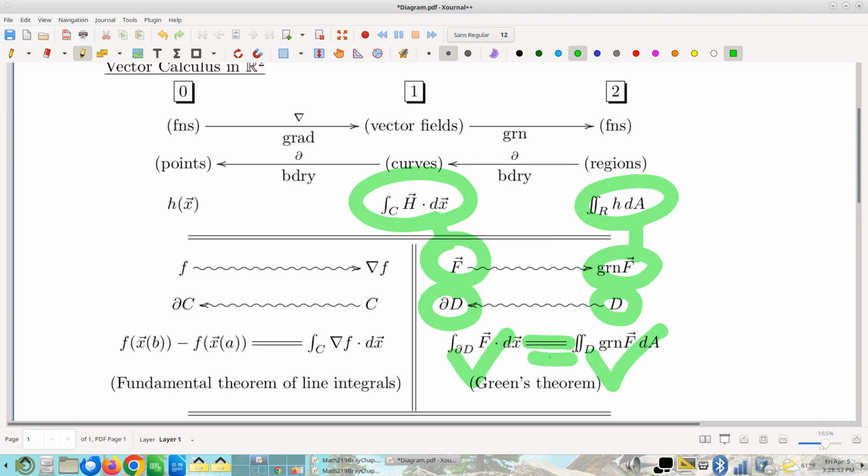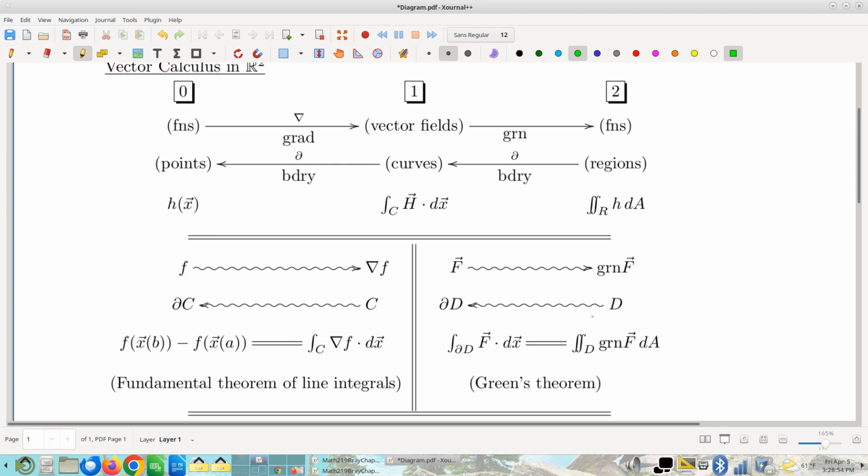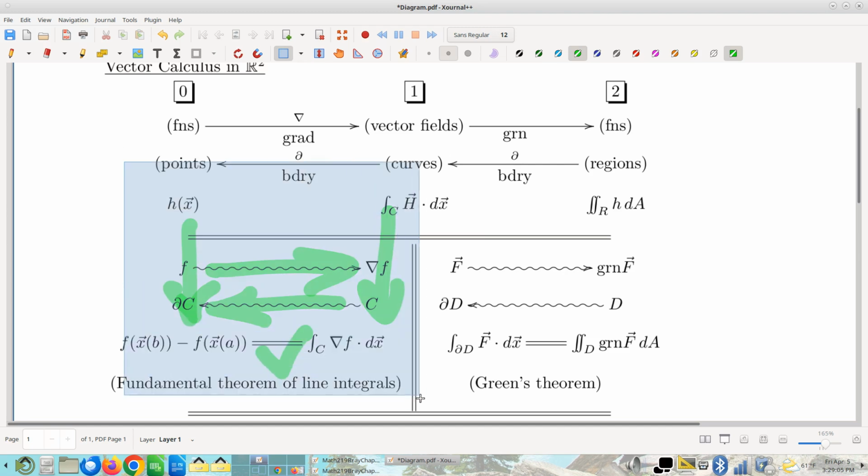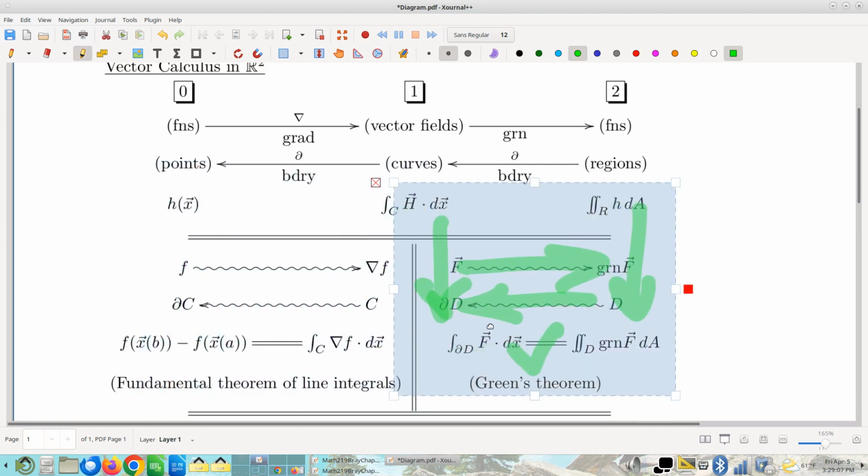So this is where it starts to become what I like to call an eyebrow raiser. This is weird that the pattern that represents what the fundamental theorem of line integrals looks like is exactly the same pattern that represents what Green's theorem looks like. That's weird, isn't it?